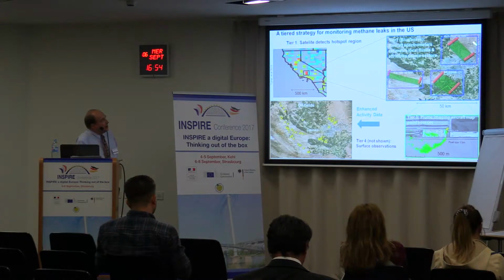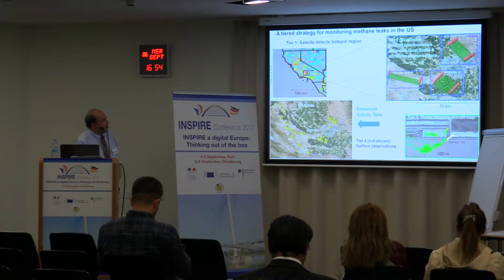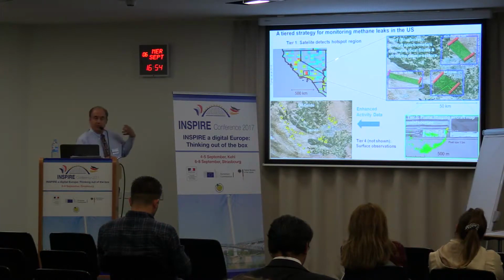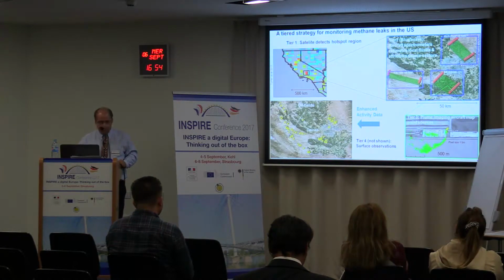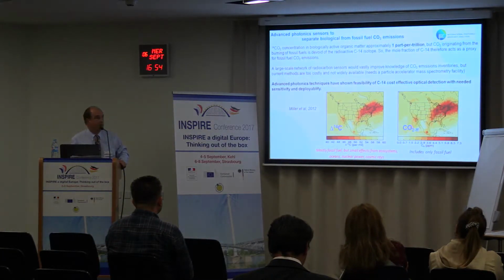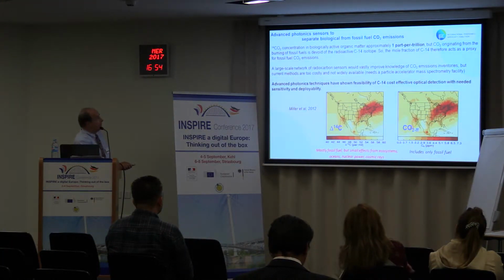And then when we used airborne capabilities, both at the facility level and then within the facility, we could zero in. In this particular case, this big source of methane was actually coming from the dairy activities, the waste management there.